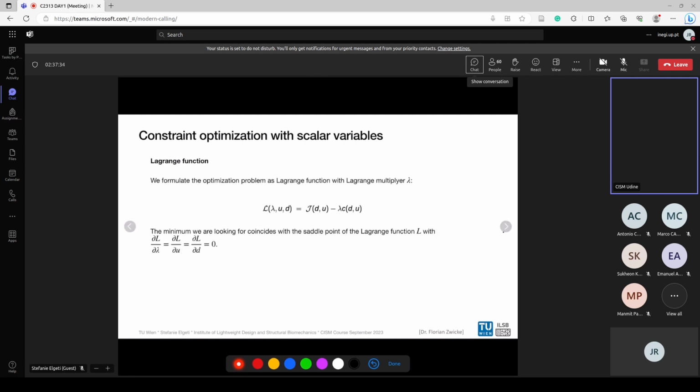And then it is known that the minimum that we're looking for coincides with the saddle point of the Lagrange function, so with all partial derivatives of the Lagrange function being equal to 0. And this is why I mentioned this fact with the gradient of c and the gradient of j: they have to align. They have to be in the same direction, but they can have different values. This is exactly what the Lagrange function gives us, and we have the lambda that lets us adjust the magnitude of these vectors.